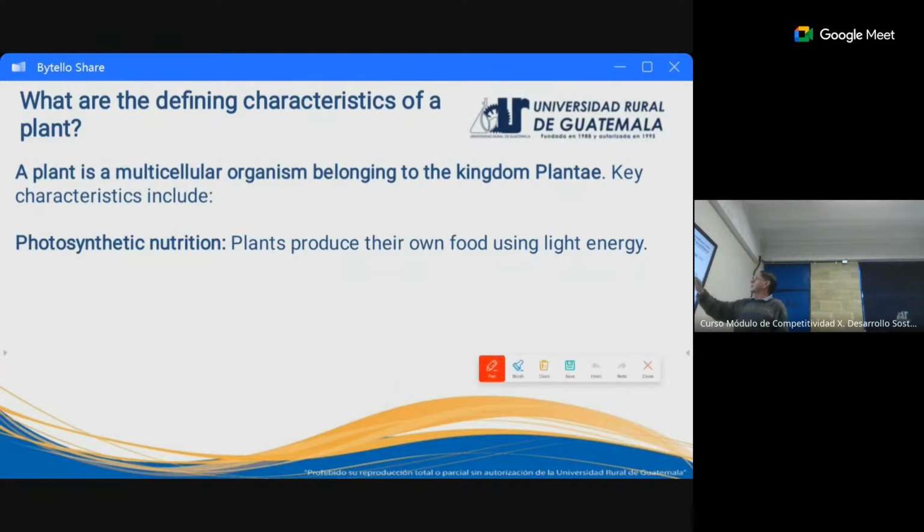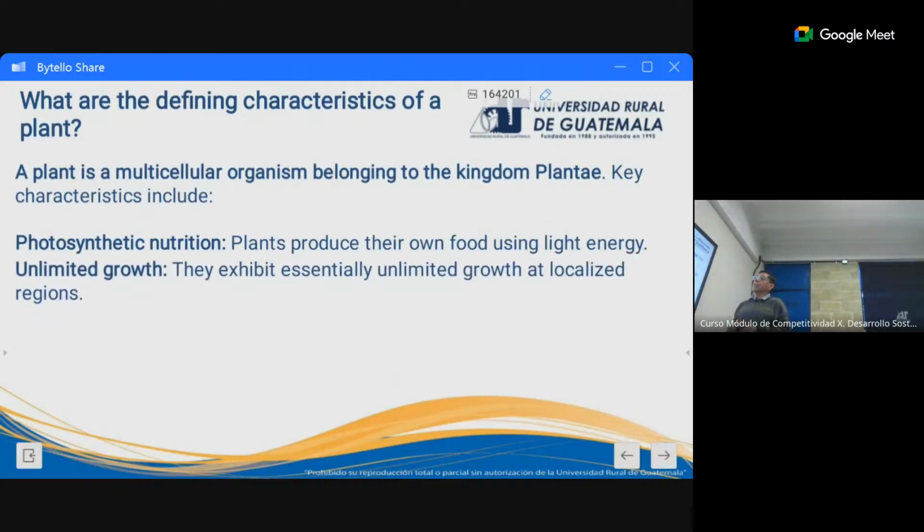Okay, plants use light energy and convert it into chemical energy. Also, unlimited growth, they exhibit essentially unlimited growth at localized regions.